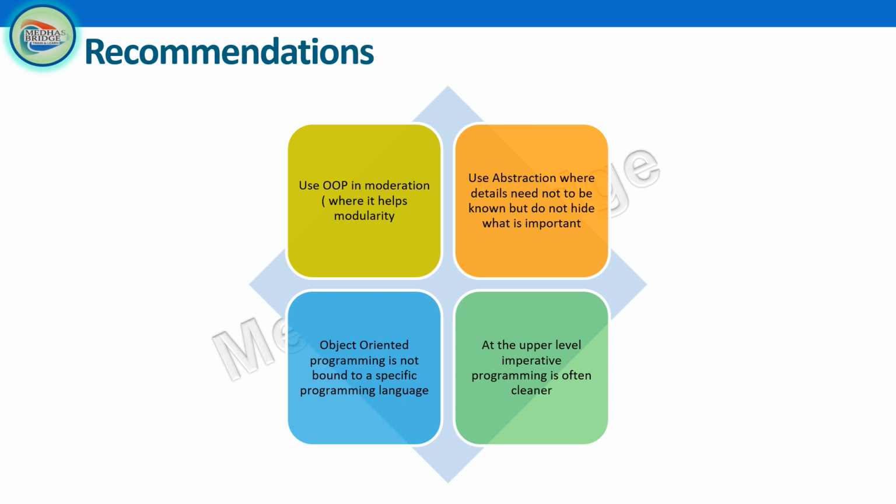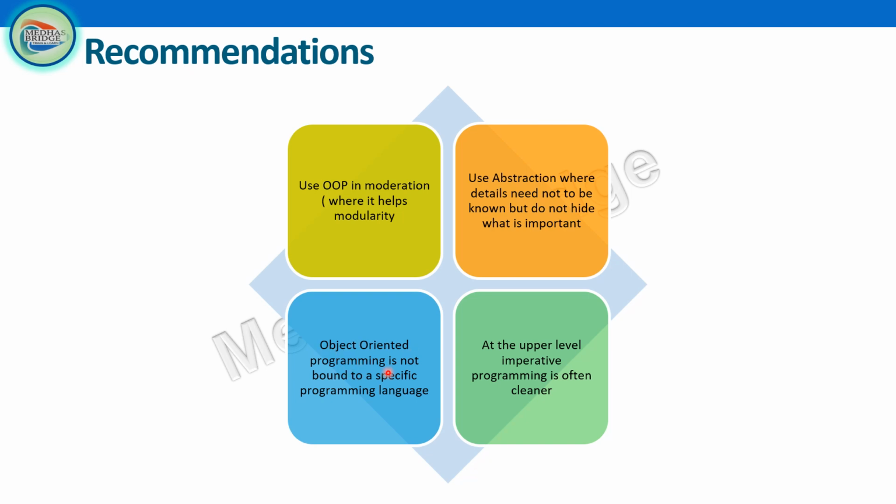In summary, there are a few recommendations to take away. Use OOP in moderation, where it helps modularity. Use abstraction where details need not be known, but do not hide what is important. At the top level, imperative programming is often clear.